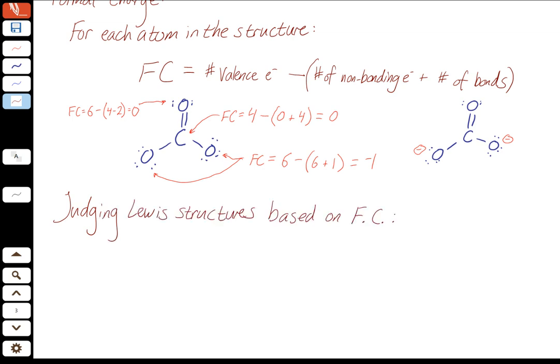Because in general, and again, there's always exceptions, there's always other things going on. I should reword that. In general, we want to minimize formal charges.